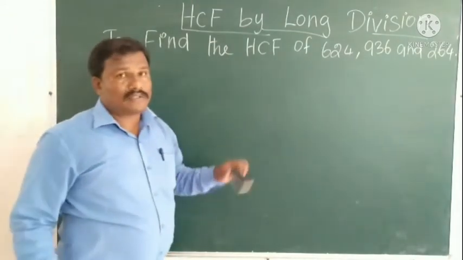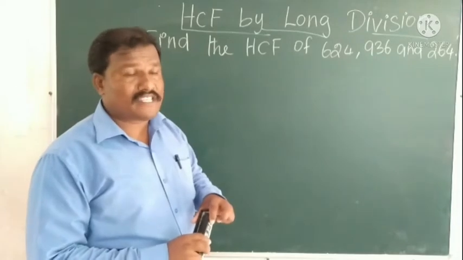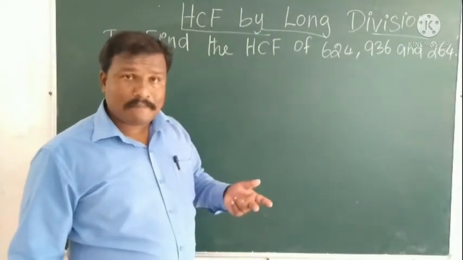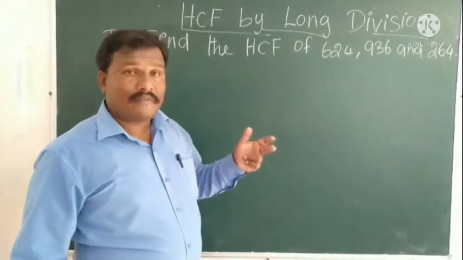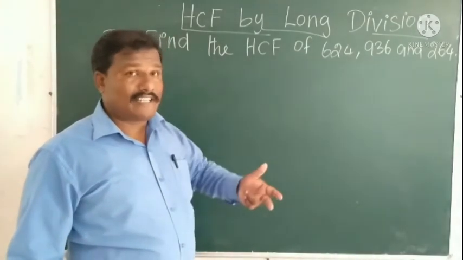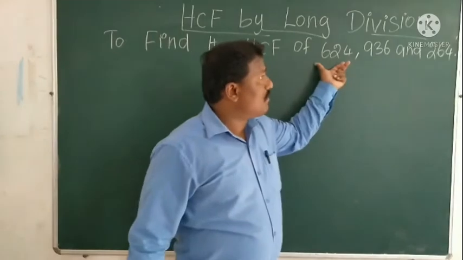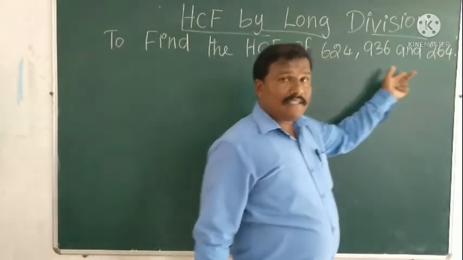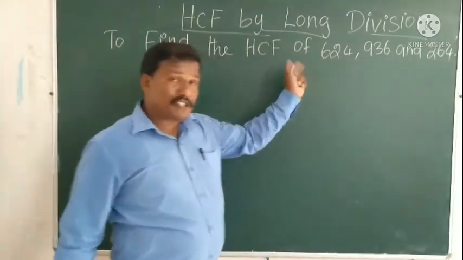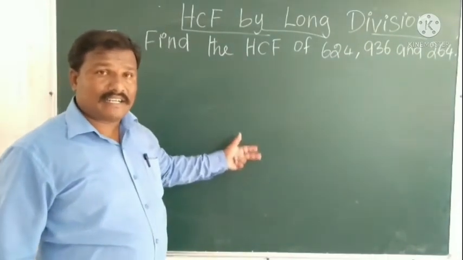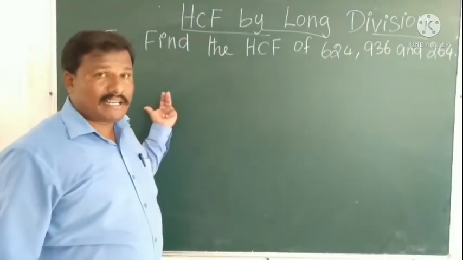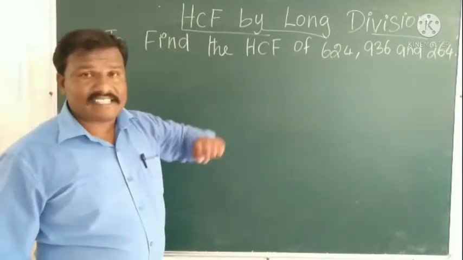We need to find out which numbers are easily divisible first. 624 and 264 can be divisible. So let me take the first two numbers, find their highest common factor, then we can find the factor with 936.